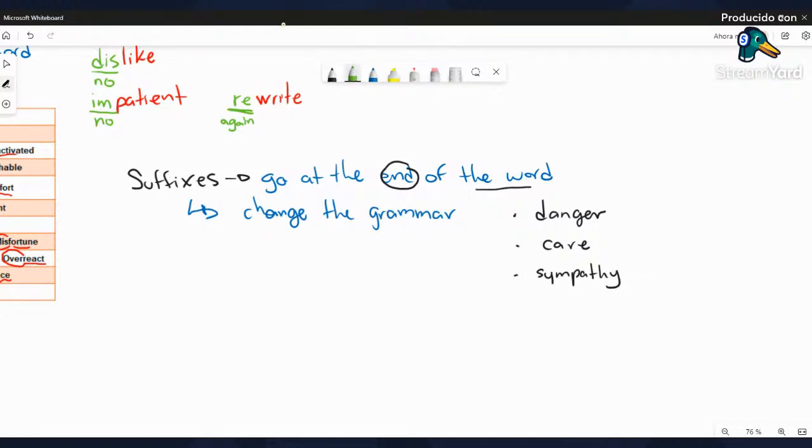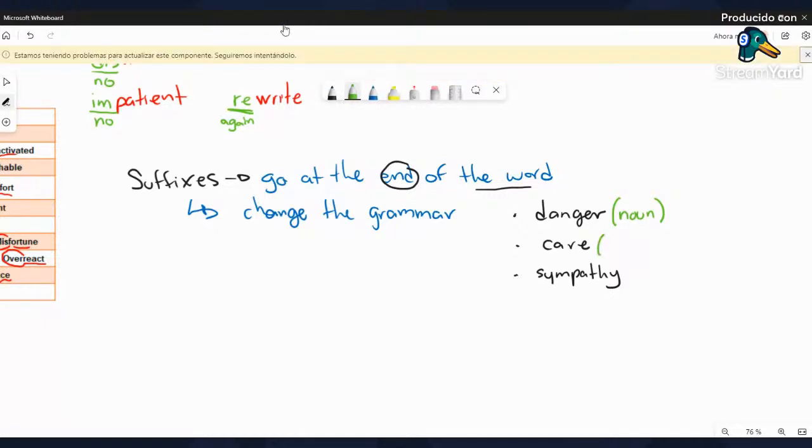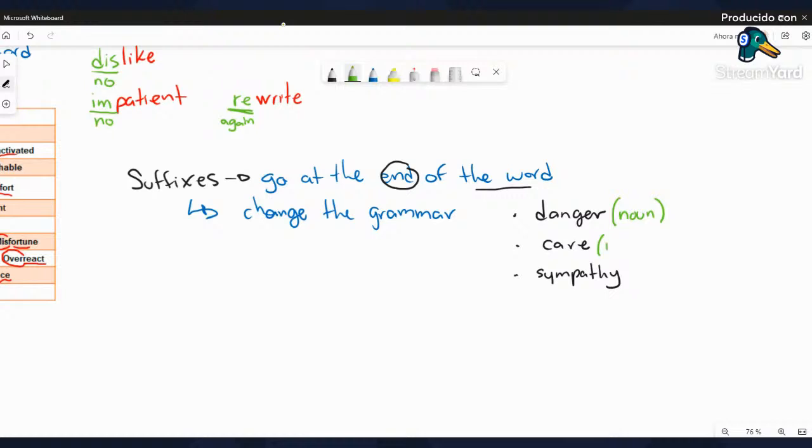Danger is a noun. I can start a sentence with danger, like, for example, danger is everywhere. Care can also be a noun here. Sympathy is also a noun.